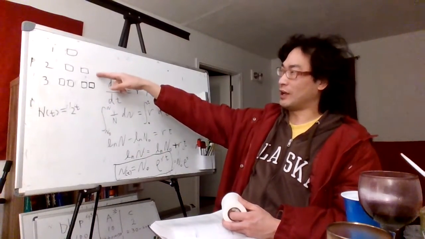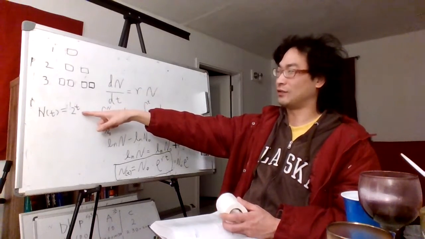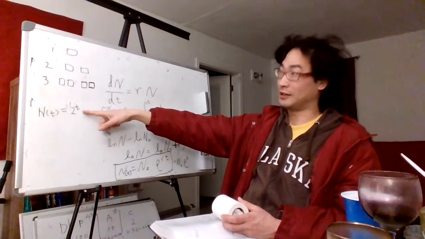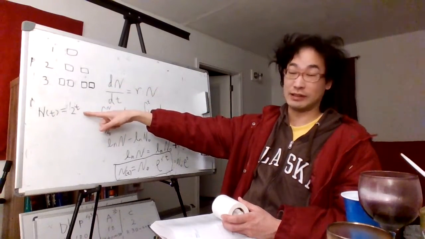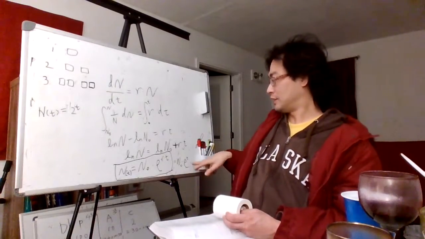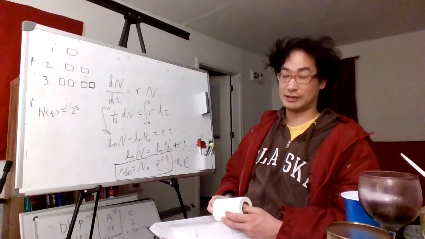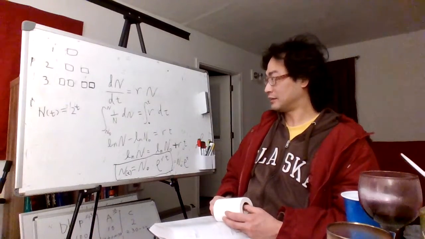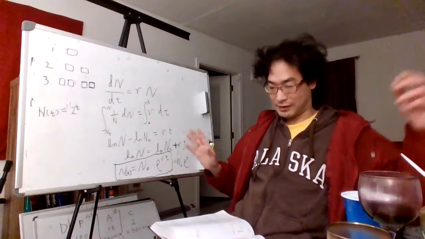Here we have generation, and t doesn't exactly stand for time. It corresponds to generation. So the t here and the t over there are slightly different. But the basic idea is the same.